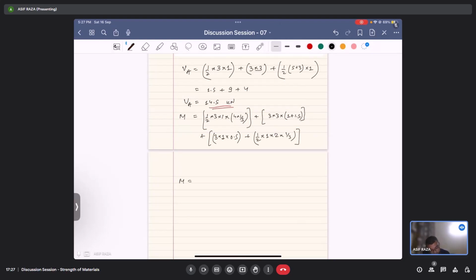So moment is 1.5 into 4, 4 threes are 12, plus 1, 13 by 3.